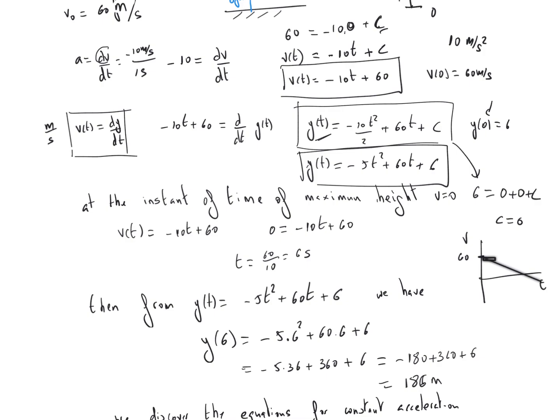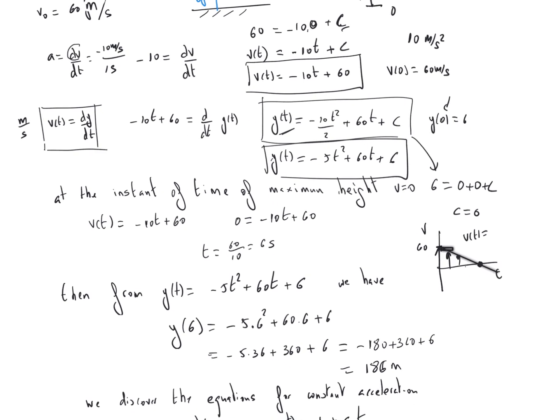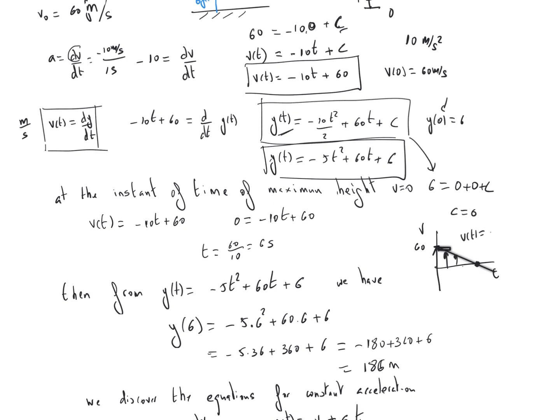When it arrives at 0, at this point it is at the maximum height. So the velocity decreases. It starts at 60, and v of t is the initial velocity, 60, minus 10t. As t goes on, the velocity decreases.